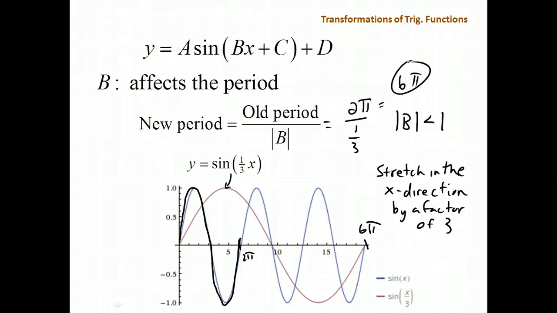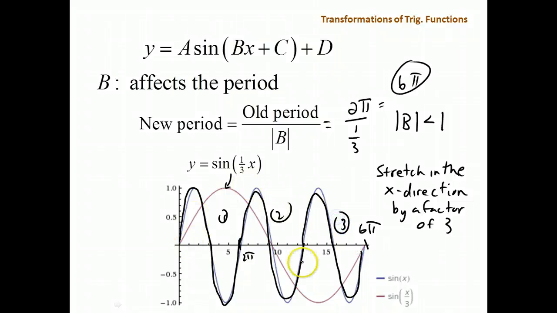So we've stretched it out in the x direction by a factor of 3. This is sine x. So now we should be able to fit 3 full periods of sine x. We're now into one full period of the sine of 1/3 x. So that's how b affects the graph.